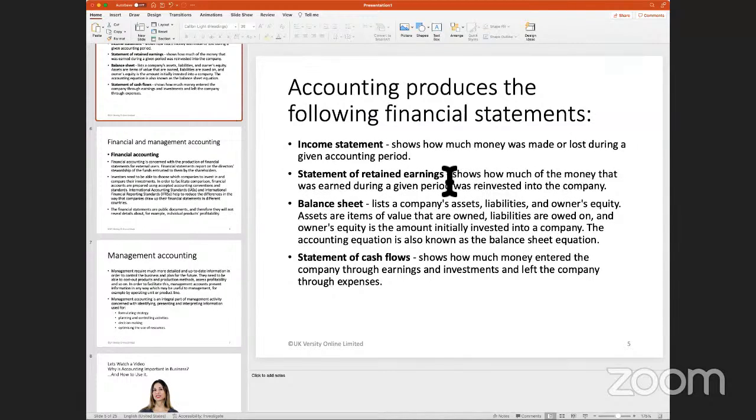If the business has been running for a lot of years, and you go to the bank to take out a loan to expand or maybe buy some machinery or premises, what the bank would be interested in finding out is how much the business is generating in terms of profit, and what profits it is retaining over the years, which is reflected as savings or assets within the company. And that would be a statement of retained earnings.